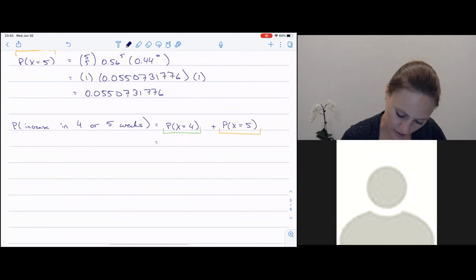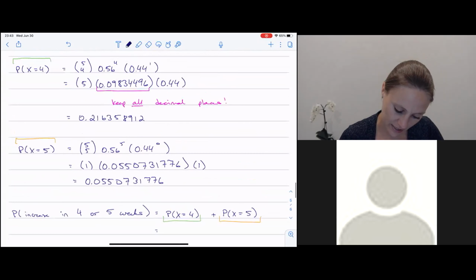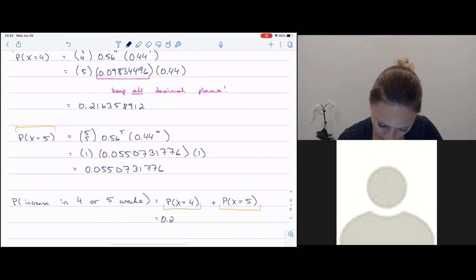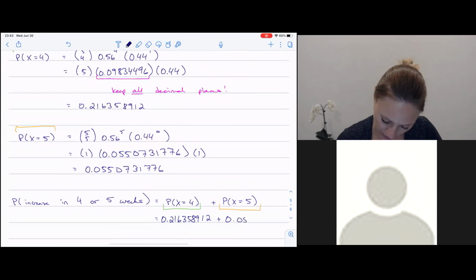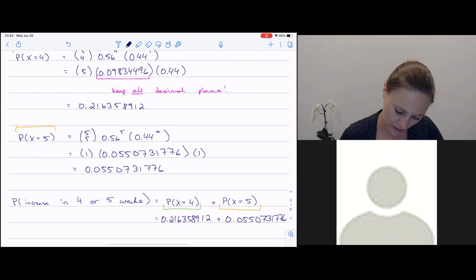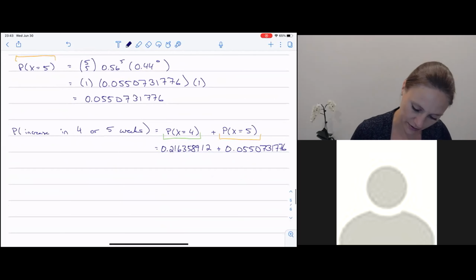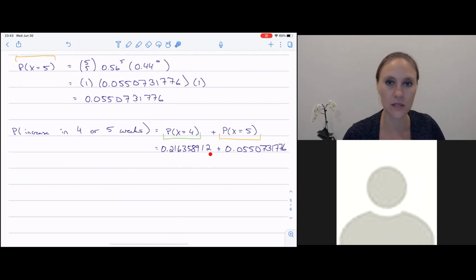So this becomes the probability that X is 4 is 0.216358912 plus the probability that X is 5 is 0.05507317776.